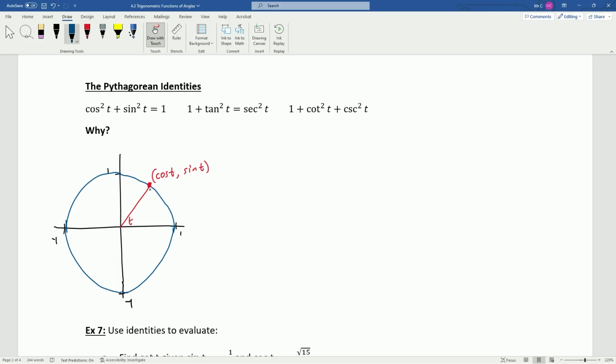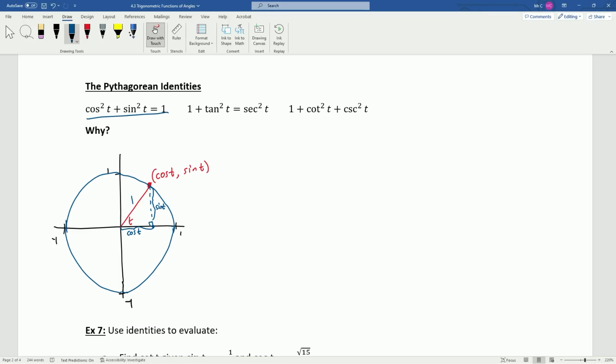And this forms a triangle, and this triangle has x value cosine of t, and y value sine of t. But this is the unit circle, so the hypotenuse of this triangle is 1 because that's the radius of the unit circle. So all this first Pythagorean identity says is the Pythagorean theorem.